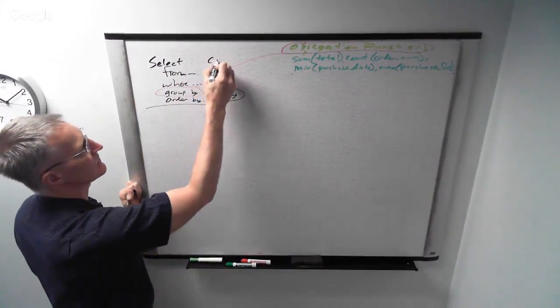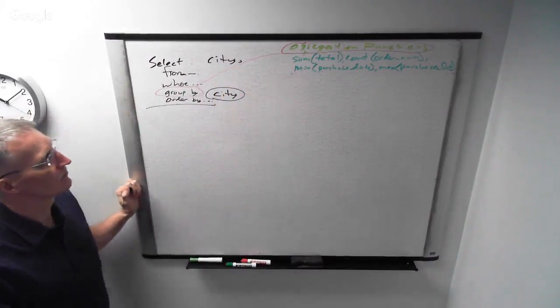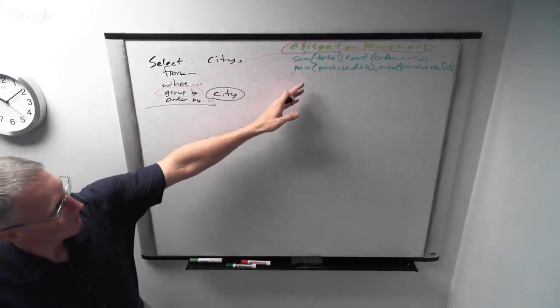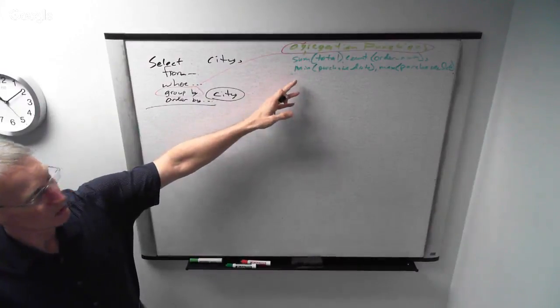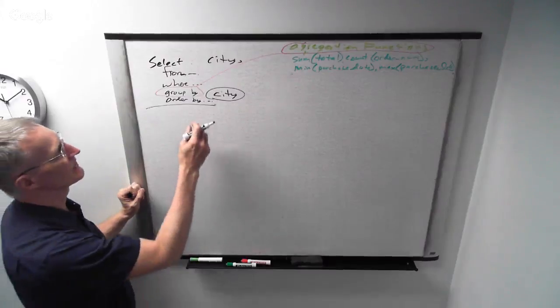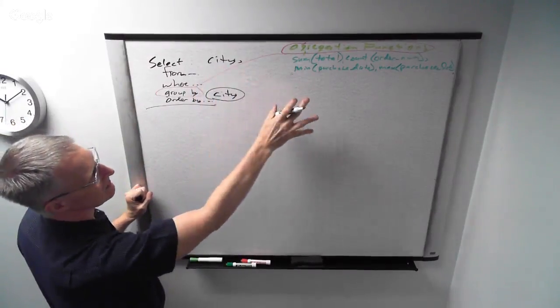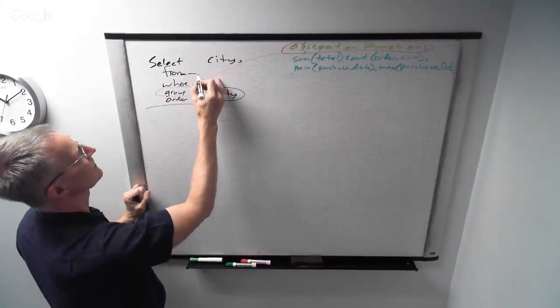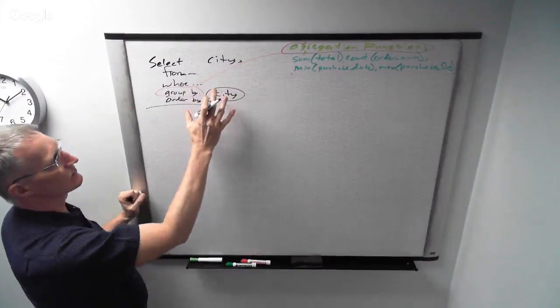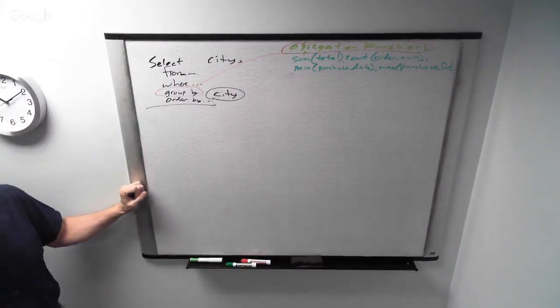So if I say city up here, then comma, and this would actually work the way this is written right now. Let's fill in the rest of this, and this would be another version of code.